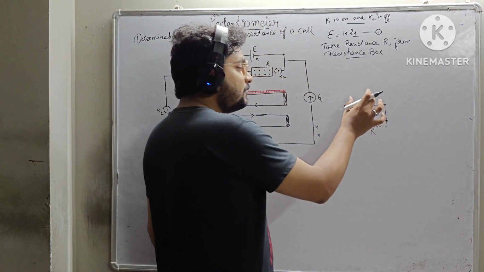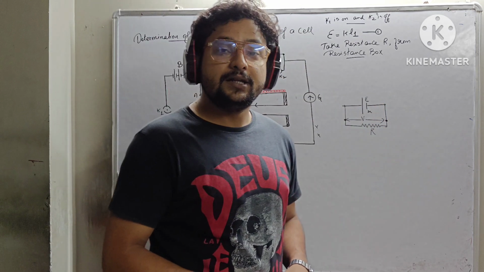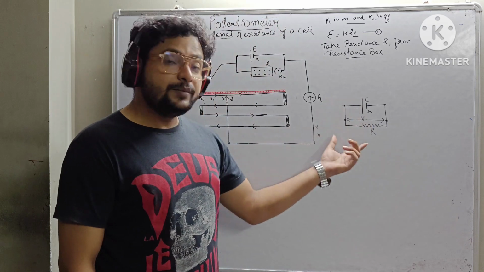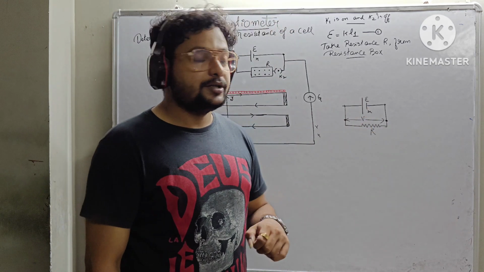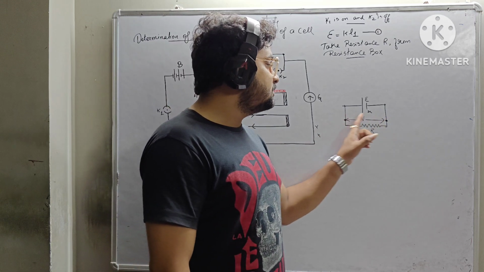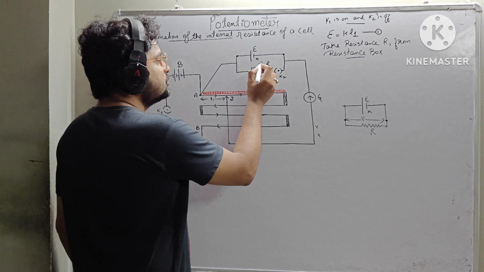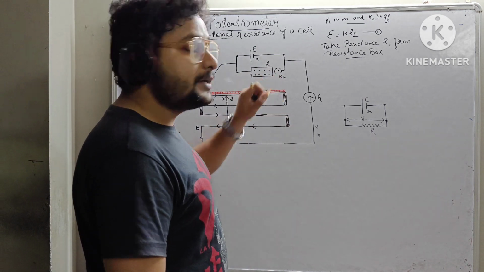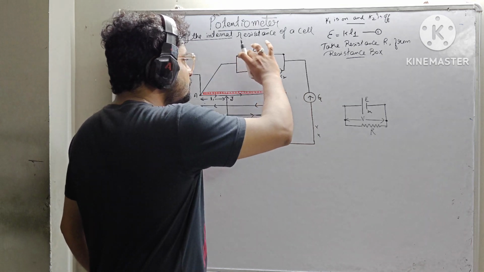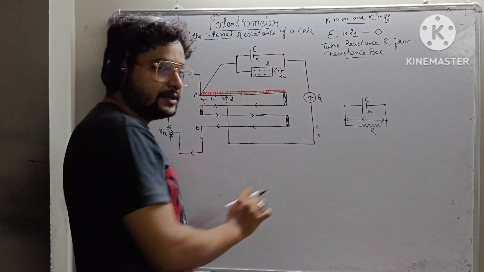So when current is flowing, suppose the EMF of the cell is 10 volt. Now when current is flowing and there is a resistance R, there will be a drop in potential. Suppose the potential difference between these two points is V. Once I have connected this key, current is flowing through these two branches as well as this branch. So through this entire circuit current is flowing.